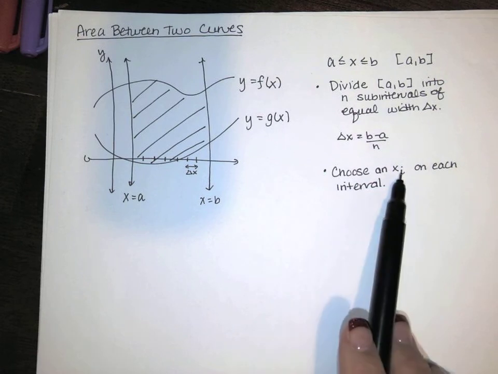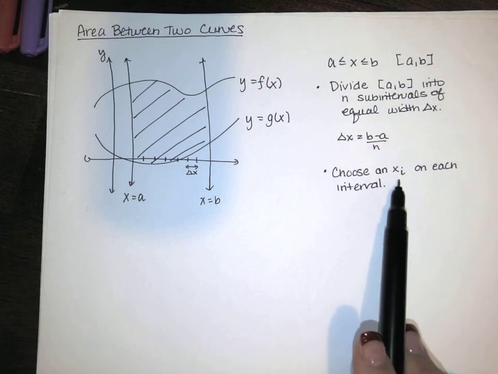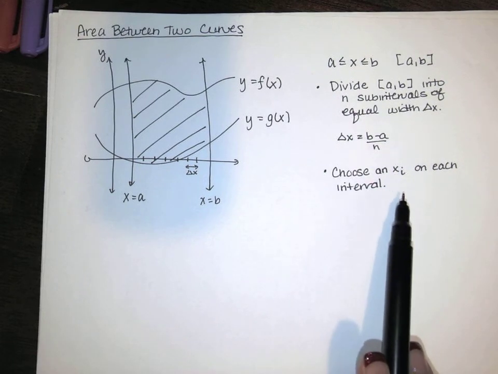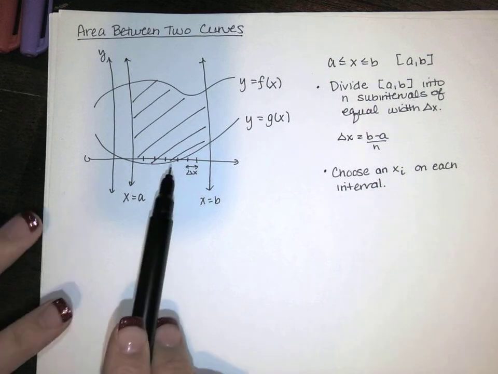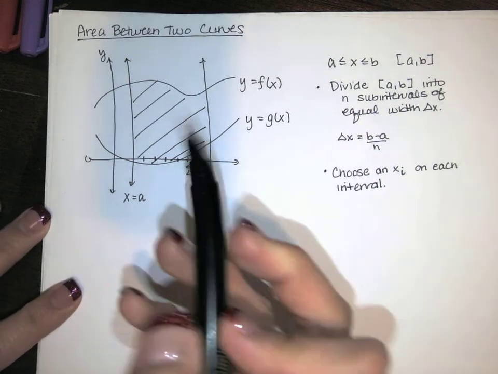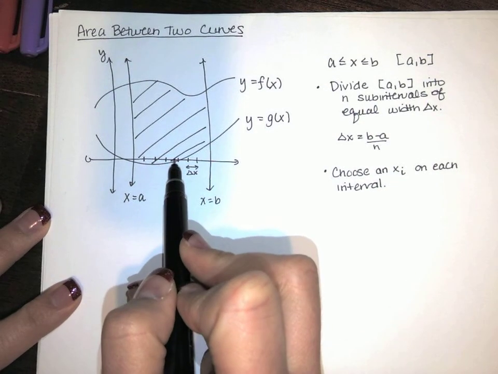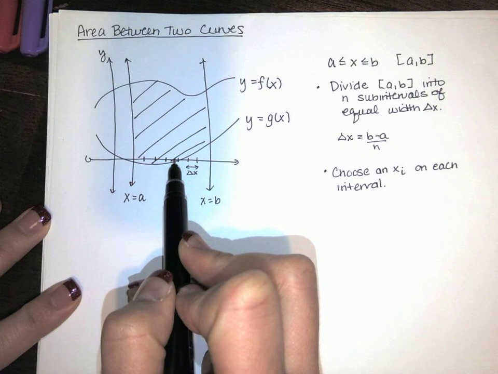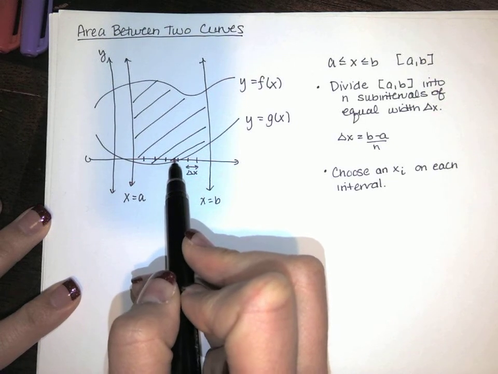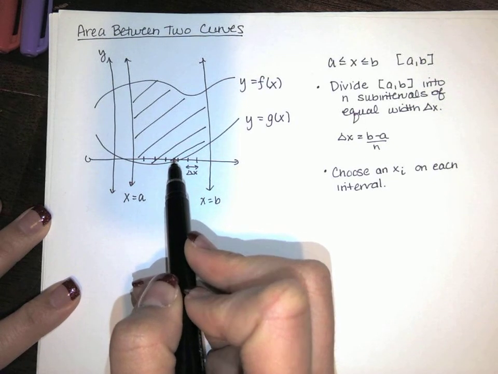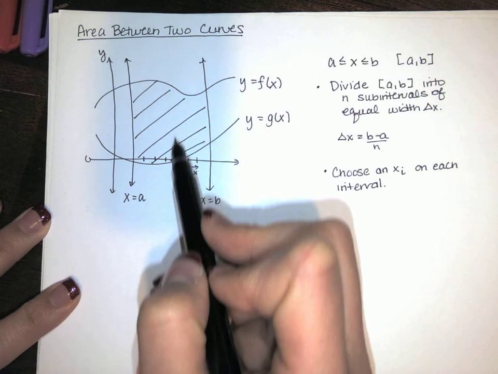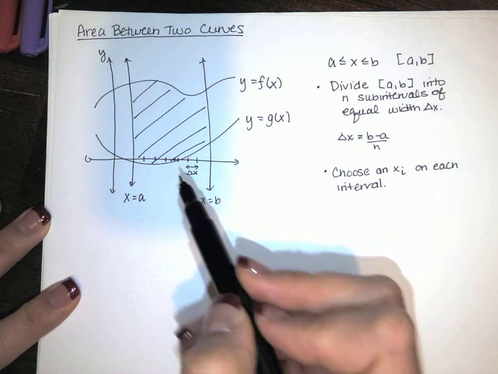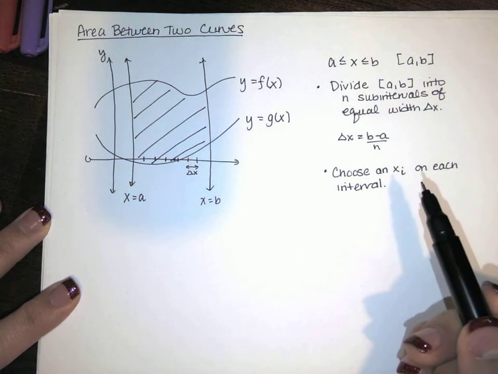I'm just going to think of this as a representative x value for right now. So we're going to go to that x value on that interval, and then we're going to draw a rectangle. That rectangle is going to have a length of the top function value minus the bottom function value evaluated at that x sub i.